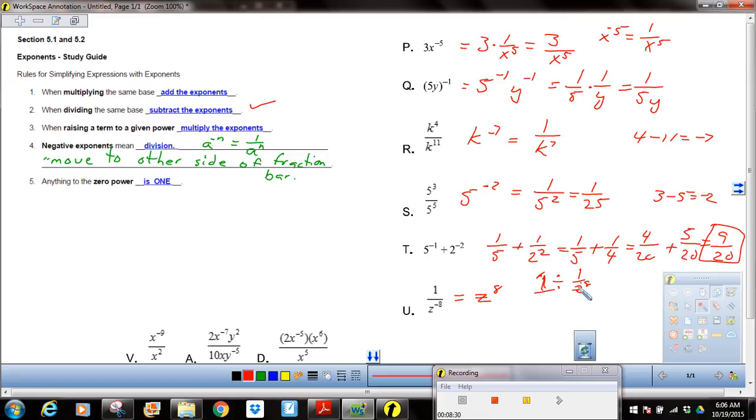If you divide fractions, you flip and multiply, which gives you z to the 8th. It's just easier to move it, change side.